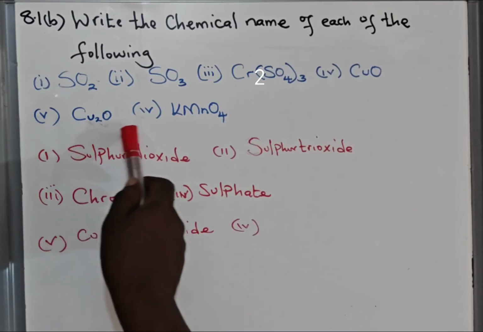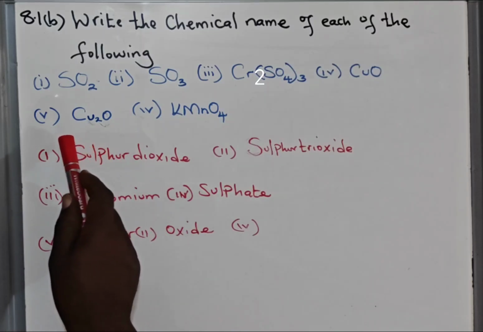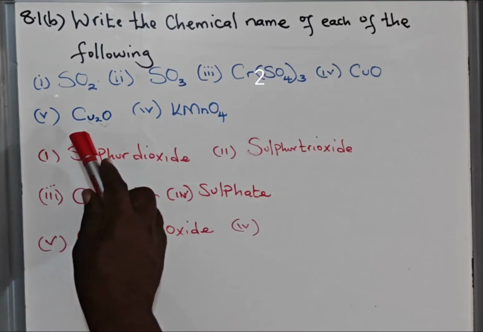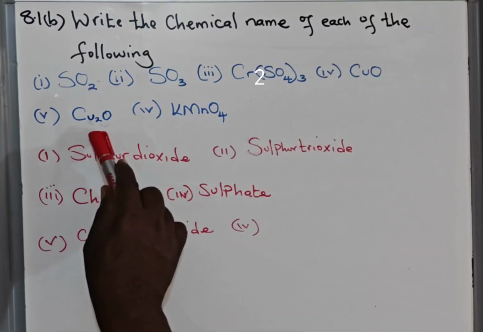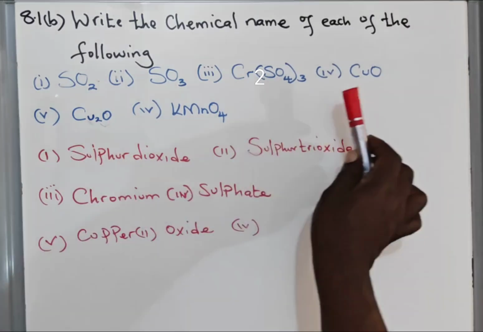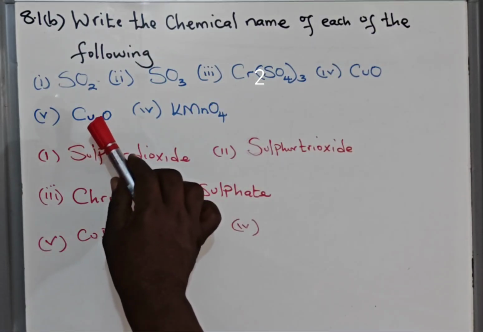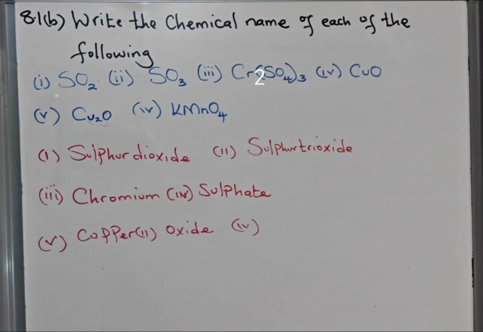This is copper oxide. It is very convenient and correct to put the oxidation state of this copper, because if you call it copper oxide, you might be meaning this. Both are copper oxides, but they need to be precisely identified.